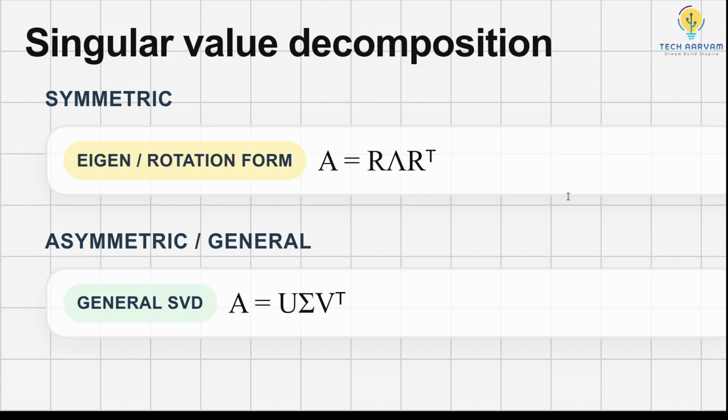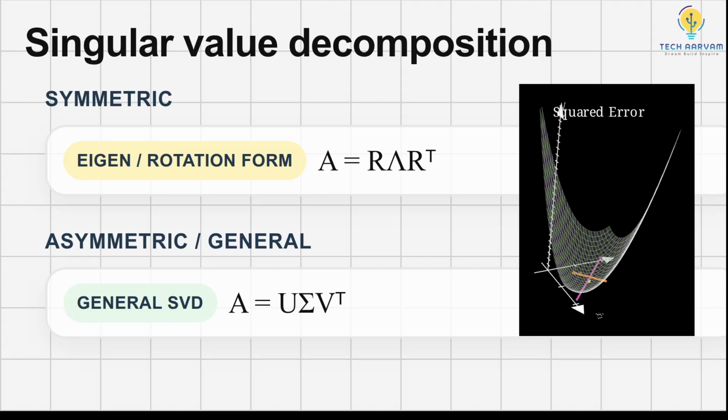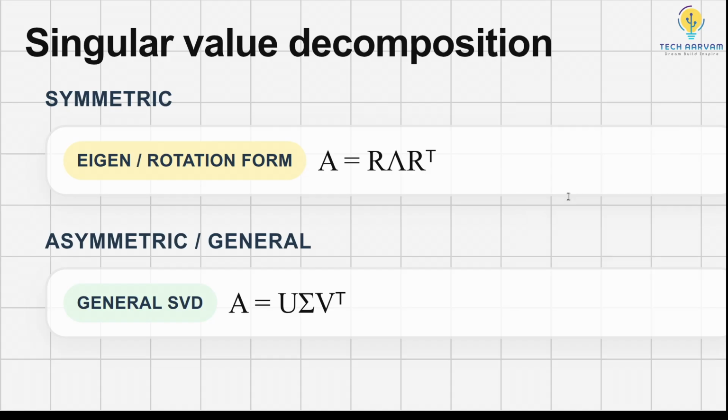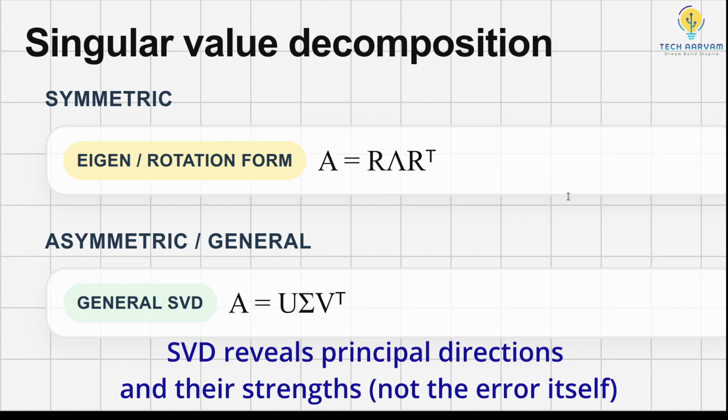So how is this relevant to AI and ML? One of the things that we do is mean square error computation. The mean square error tells how far away we are, how much is the error from the required solution. The singular value decomposition basically tells us the magnitude and the direction of the error.